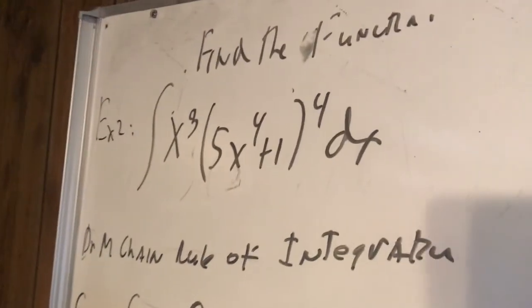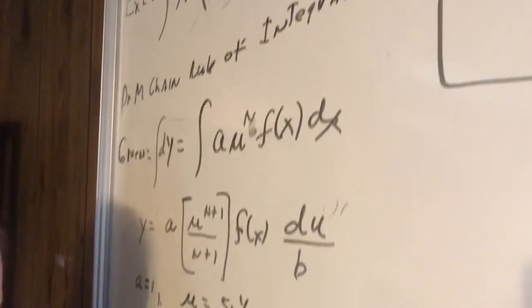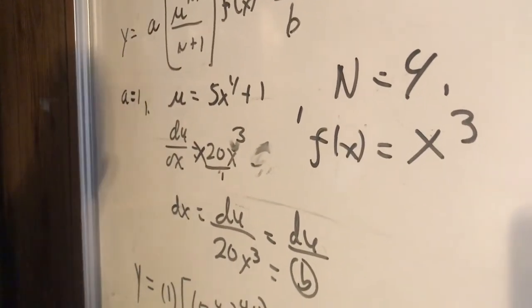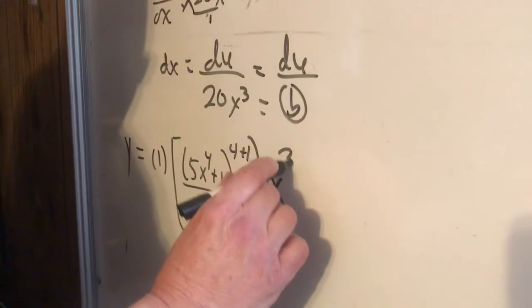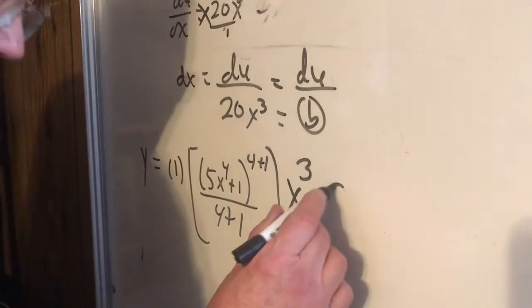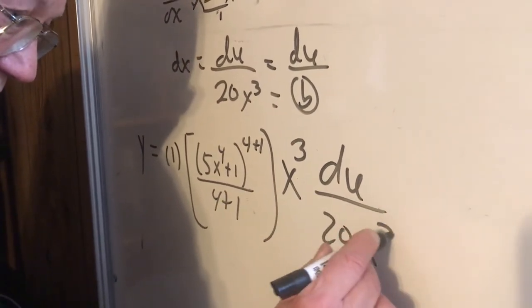Well, f of x is given as x cubed. I forgot to define that here. f of x equals x cubed in this case. So we're going to have x cubed, which stays, and du over b, du over 20x cubed.